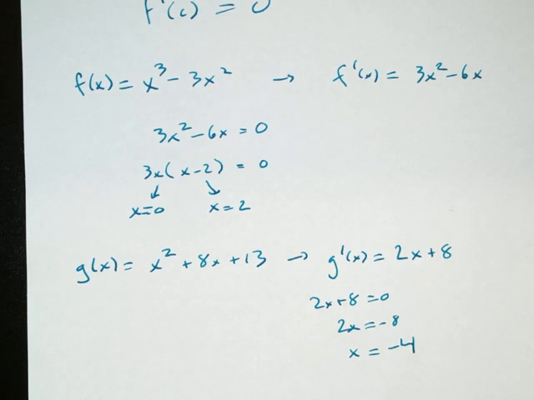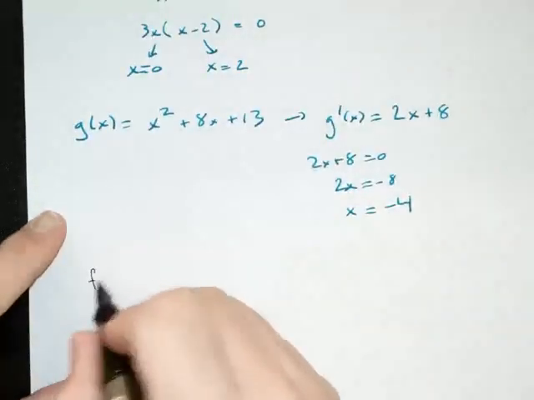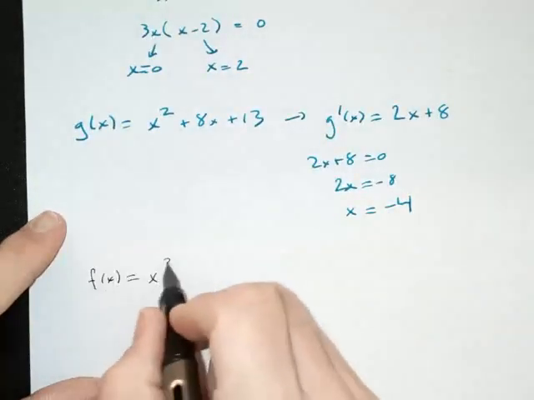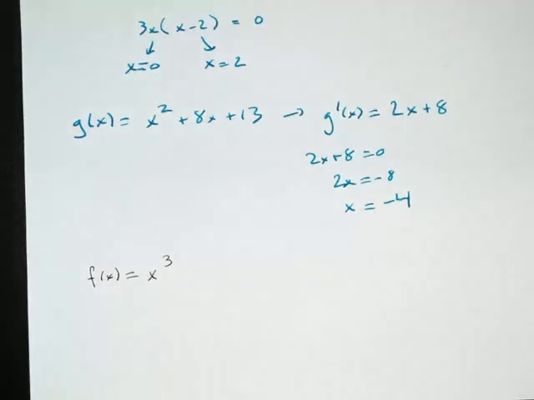There is one problem. Where does this graph have a horizontal tangent line?